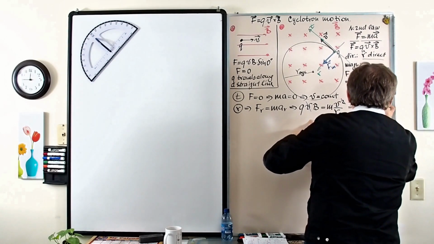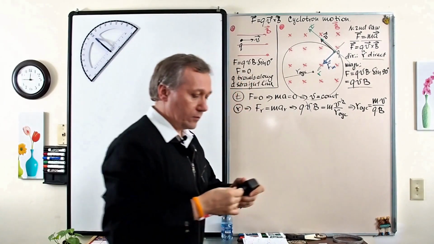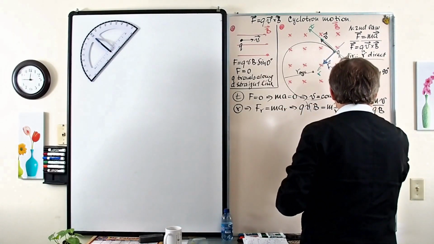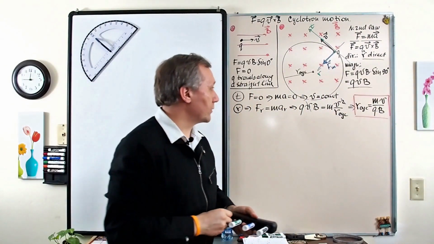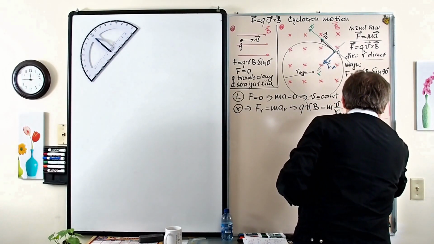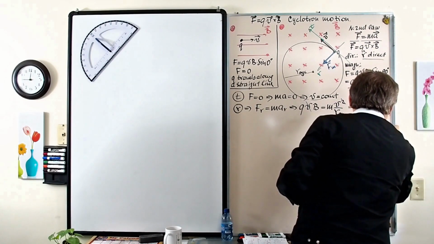M times v divided by charge times the magnitude of the magnetic field, right? So, the cyclotron radius.